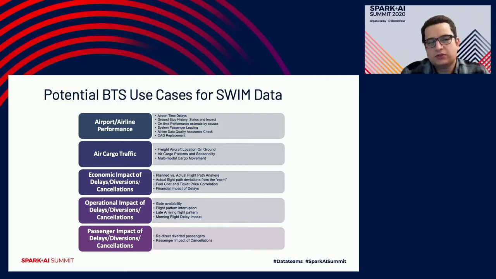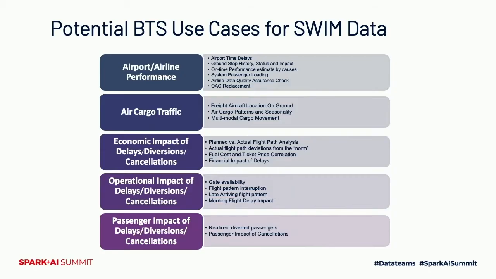Using the SWIM data, and more specifically the TFMS data, would help BTS to answer questions like airport and airline performance, airport time delays, on-time performance estimate by cause, and so on.